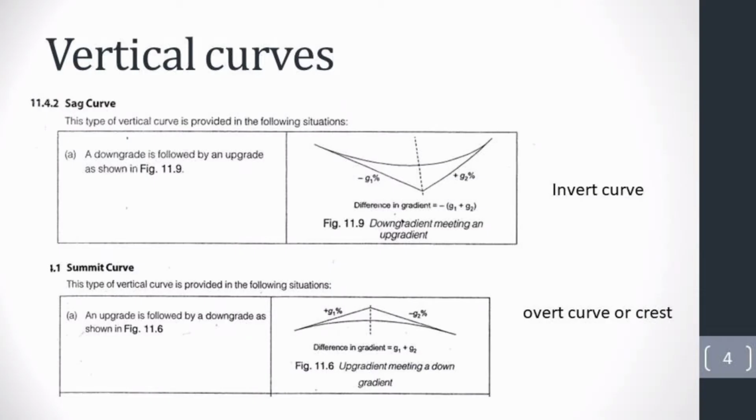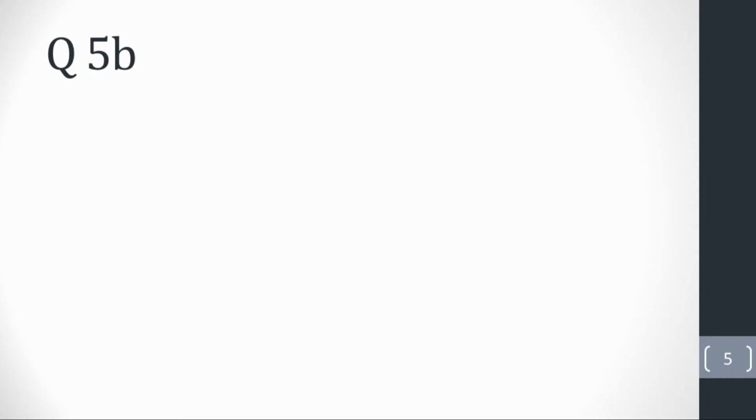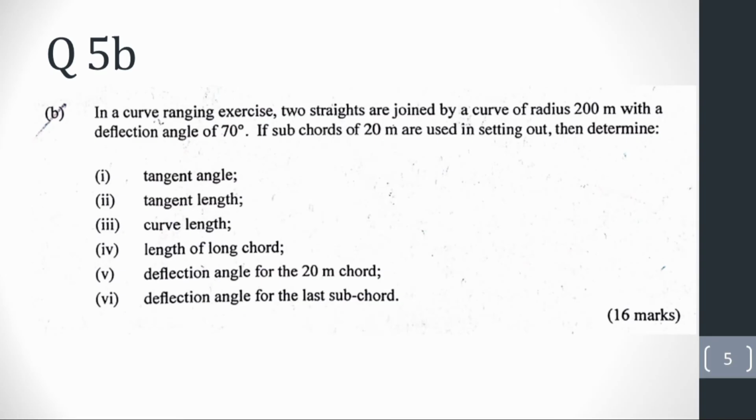So question 5b, that was the interesting part of the question, a little bit challenging, or let's just say a little bit having an error, but we calculate it. In a curve ranging exercise, two straights are joined by a curve of radius 200 meters with a deflection angle of 70 degrees.